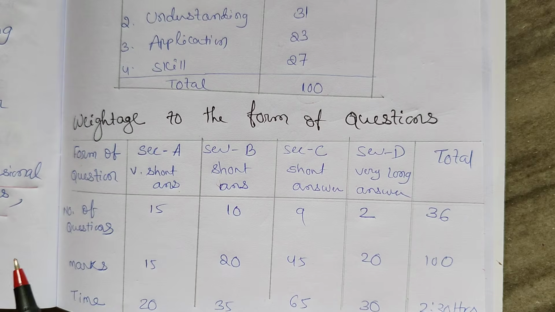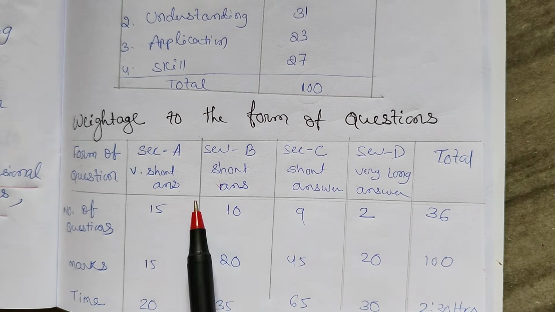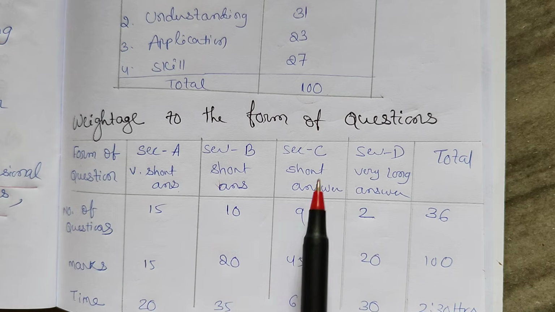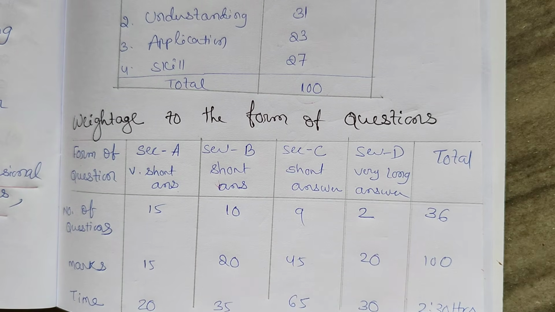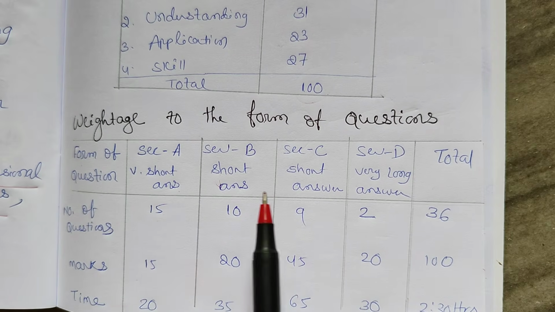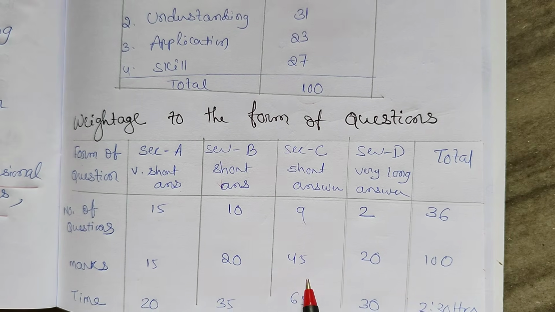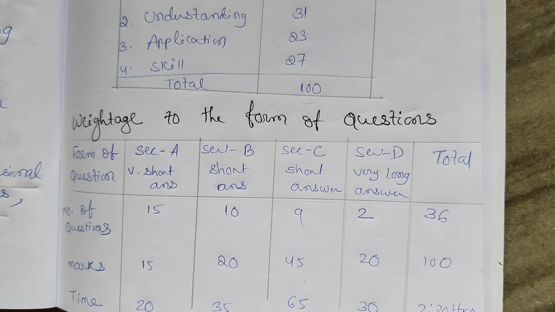Very short questions 15, short questions 10, short questions from section C 9, long questions 2, total 36. Marks: section A 15 marks, section B 20, section C 45 marks, long questions 20 marks. Time allotted for section A 20 minutes, section B 35 minutes, like that 65 minutes.